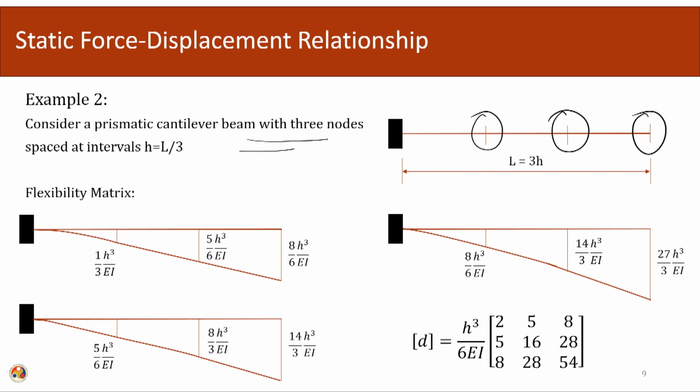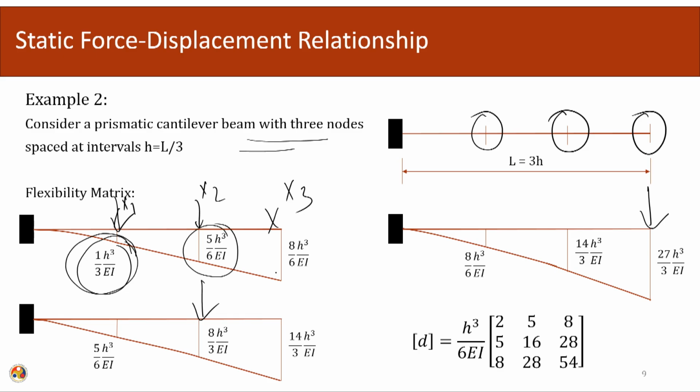Depending upon the choice of our degrees of freedom x1, x2 and x3, we will apply a unit force at each and calculate the deflection caused by these unit forces.